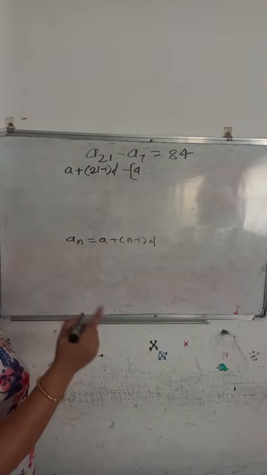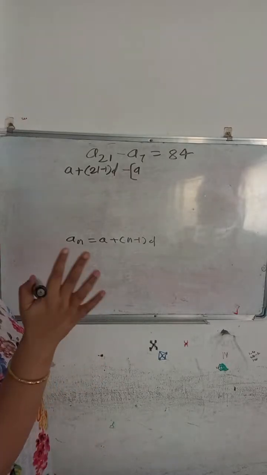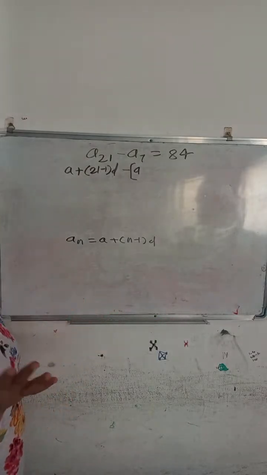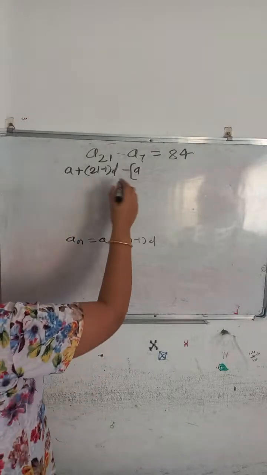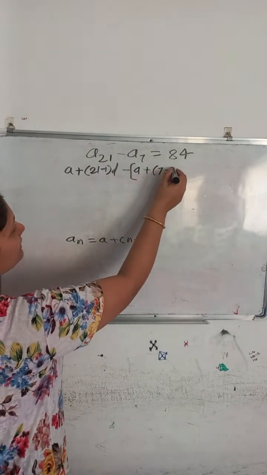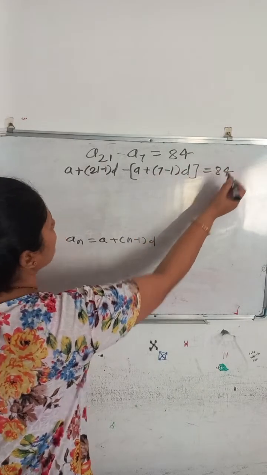If positive is there, then it doesn't matter, the internal signs will not change. But if minus is there, then the internal signs get changed. So keep the bracket and write A plus n minus 1, that is 7 minus 1, into D is equal to 84.